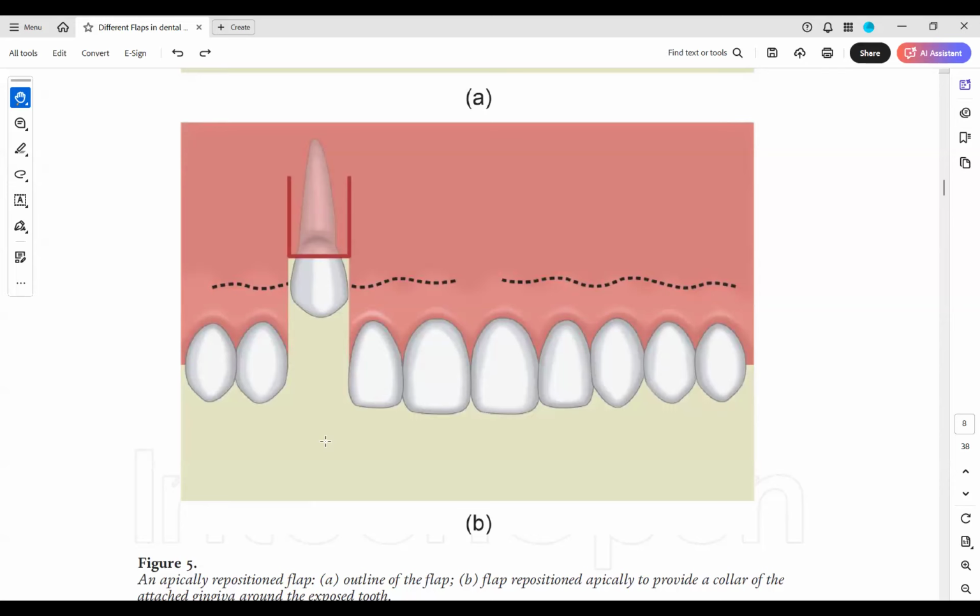The keywords in the history should be labially positioned, relationship with the mucogingival junction, and that the overlying bone is completely removed. And your flap is positioned apically, all the attached gingiva you're preserving. And as your canine is brought down orthodontically, it moves slowly, the new bone deposition will happen.